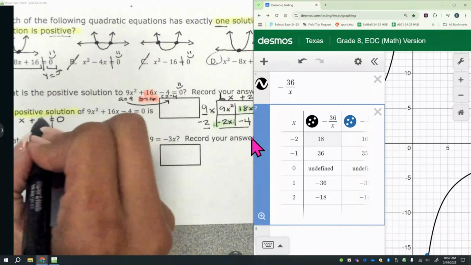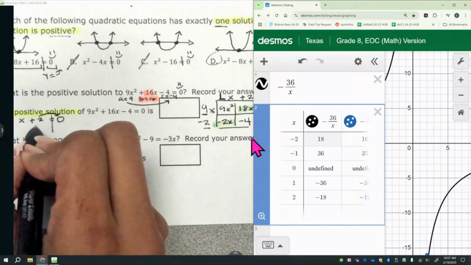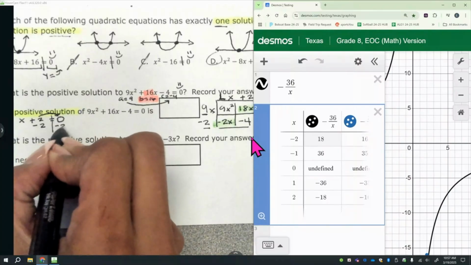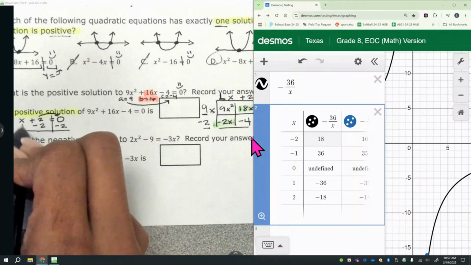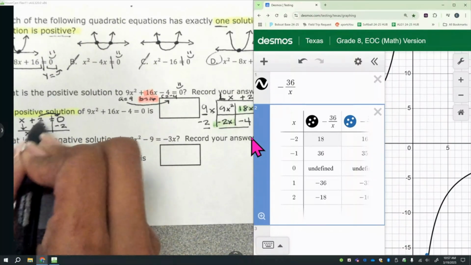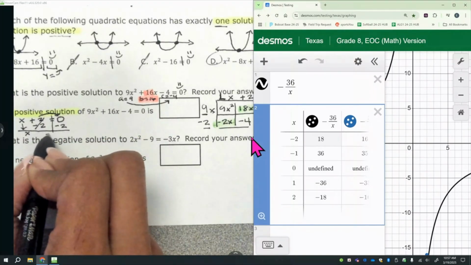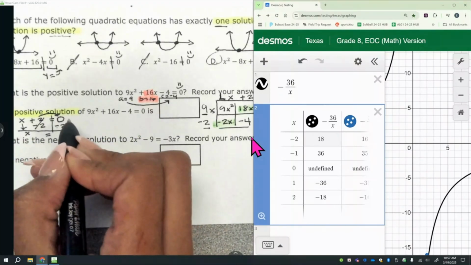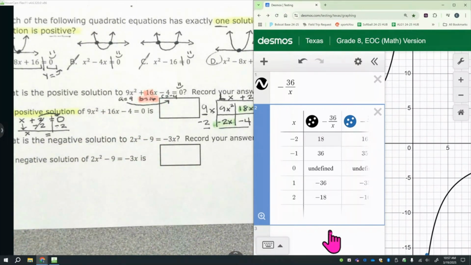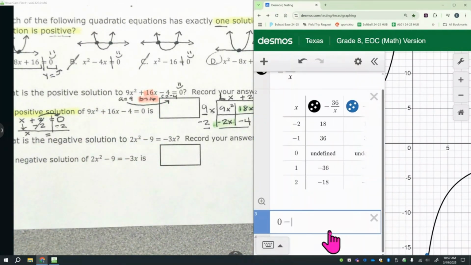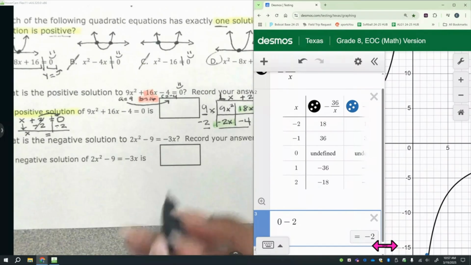I want to get x by itself, so let's move that positive 2 and make it a negative 2. X comes down. These cancel out to equal 0. And 0 minus 2 in our calculator, you can always check that. 0 minus 2 is a negative 2.